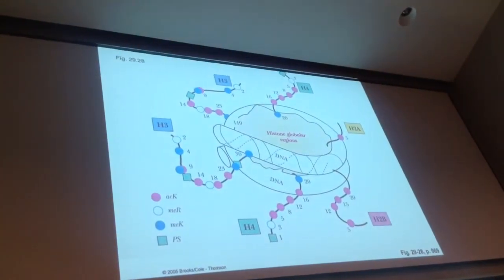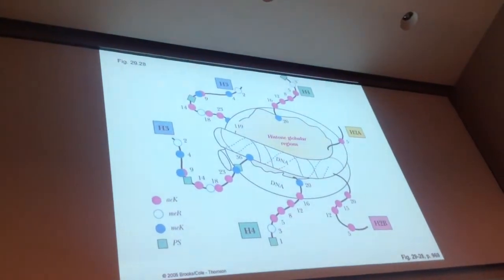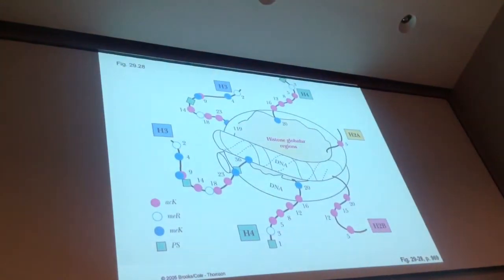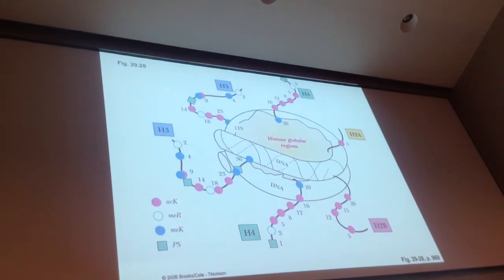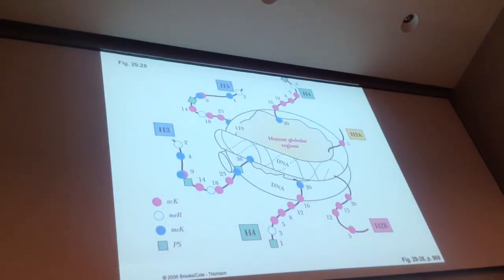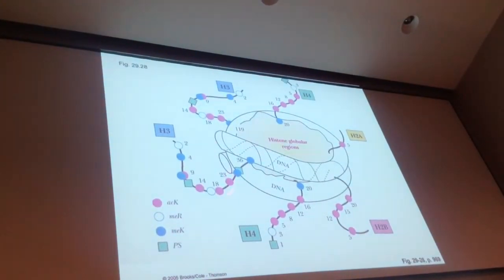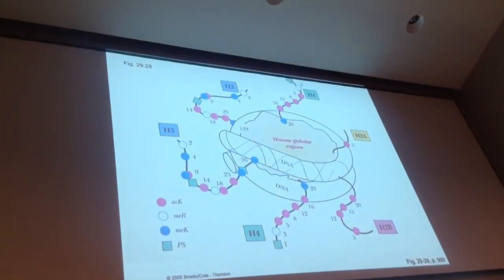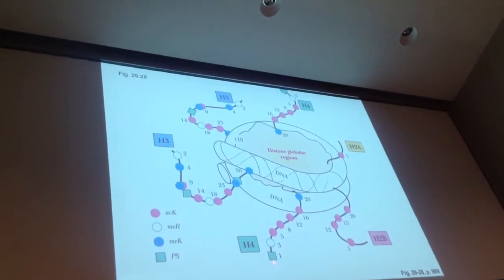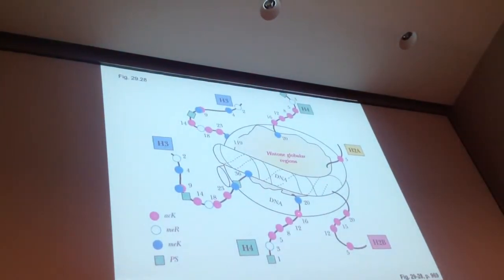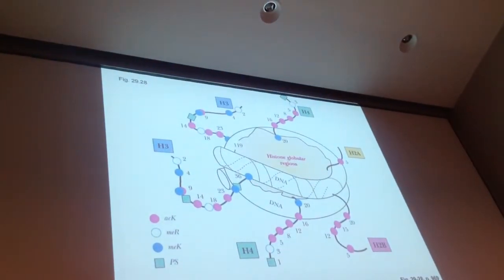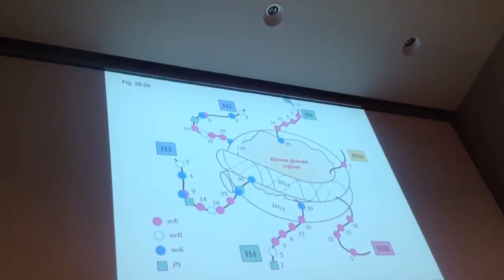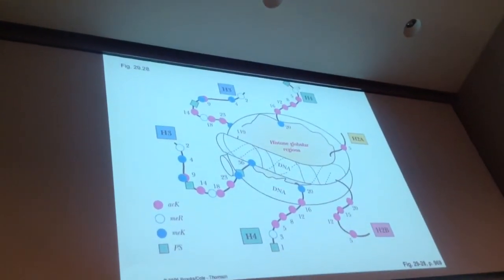But the tails of these histones are arginine and lysine rich. So they have lots of arginine and lysine residues. In fact, all of these that are here are arginines and lysines. You can see that they're numbered, so it's not every amino acid. This is amino acid 1, 3, 5, 8, 12, and 16, and so forth. So every one of the ones that are numbered here is either a lysine or an arginine.